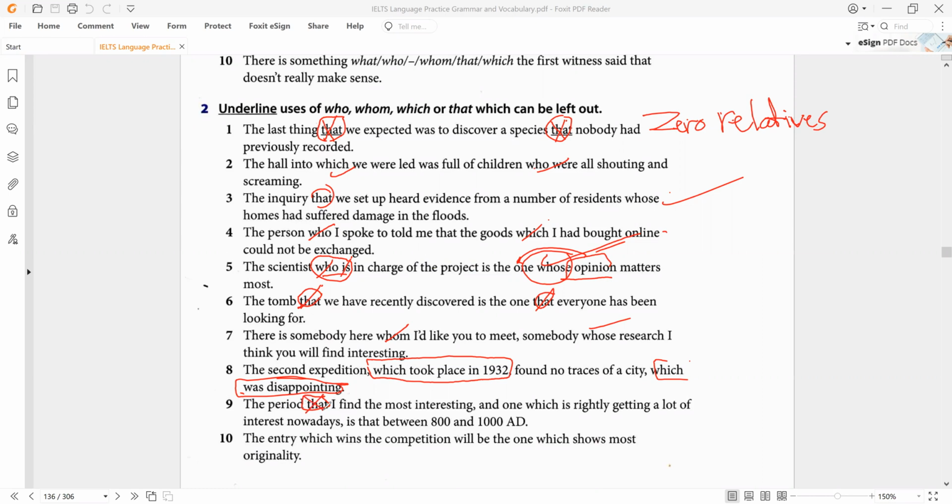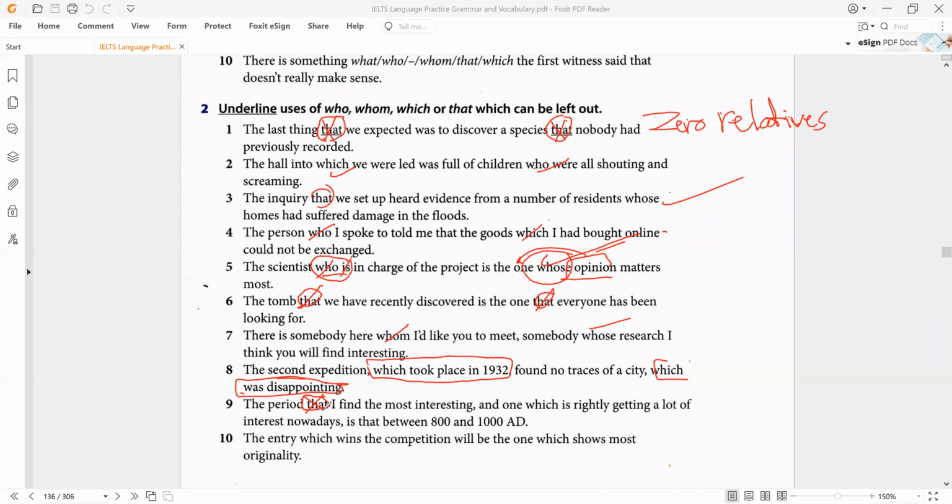The period I find the most interesting, and one which is rightly getting a lot of interest.